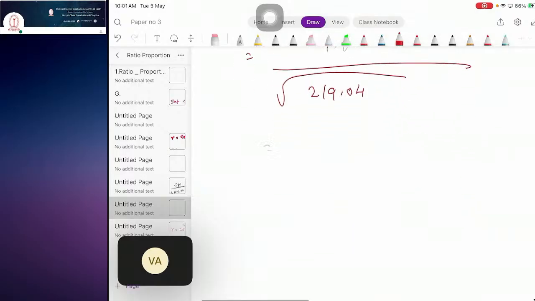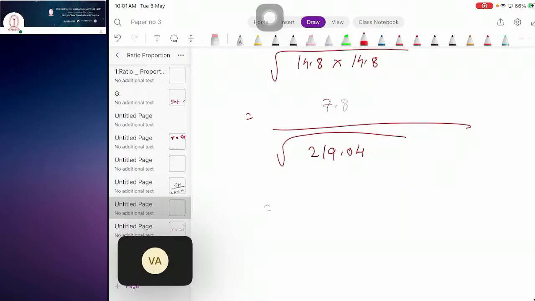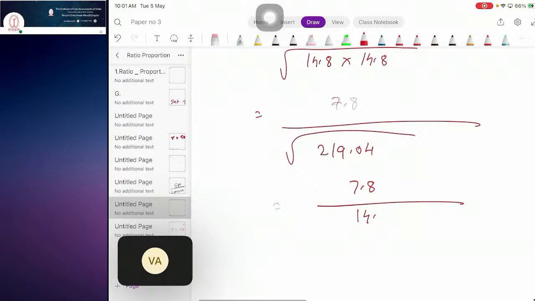So that is equal to 7.8 into, now we have to take the square root of 219.04, which comes to 14.8.